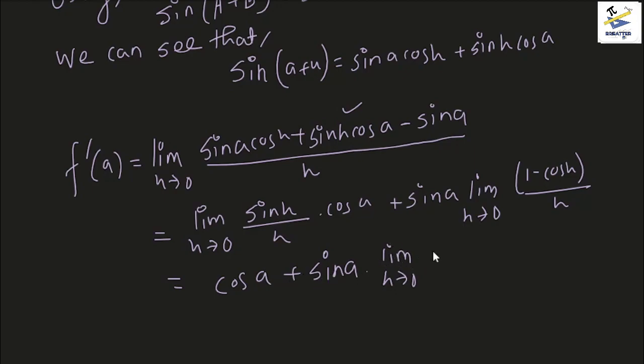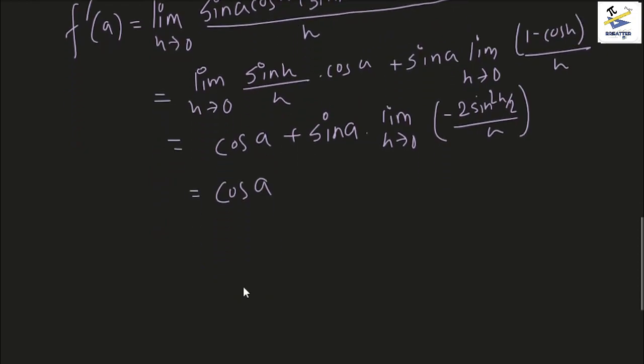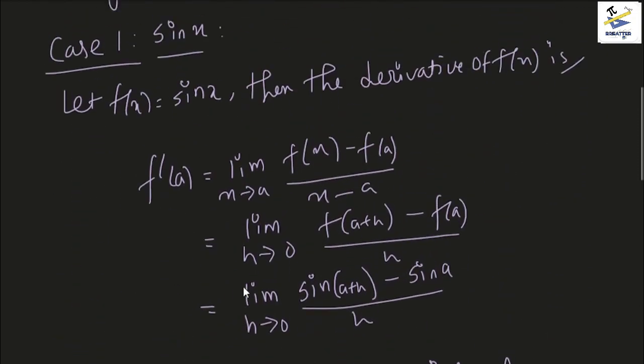So using that formula, it becomes minus 2 sine square h by 2 by h, and this limit goes to 0, because if it was sine h by 2, we could have found the answer, but since it is sine square h by 2, it goes to 0. So the answer is cos of a. So the derivative of sine of x at the point a is cos of a, right?